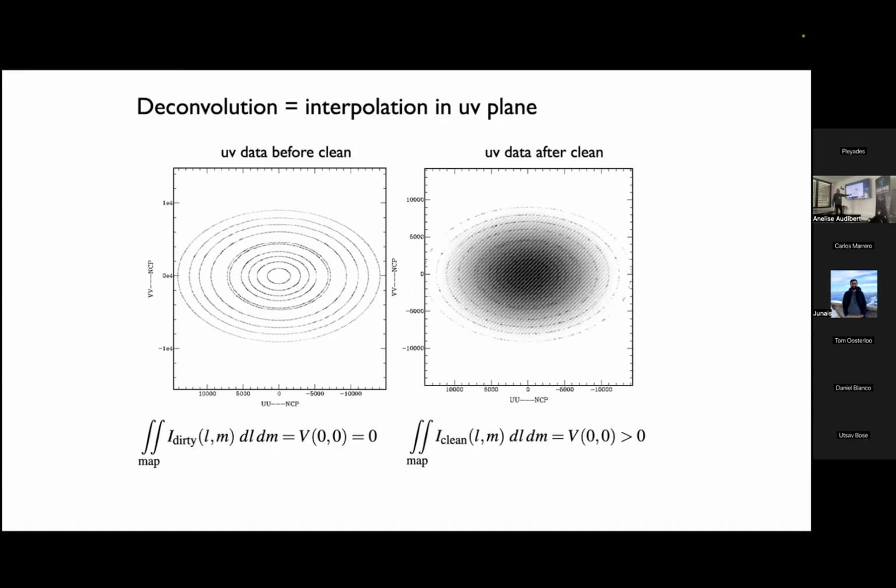So now my clean map, if I add up all the pixels, I get the total flux in the image. This means that you can now measure fluxes in the normal way. You can just add up the pixels and get your number. You cannot do that on your dirty map.